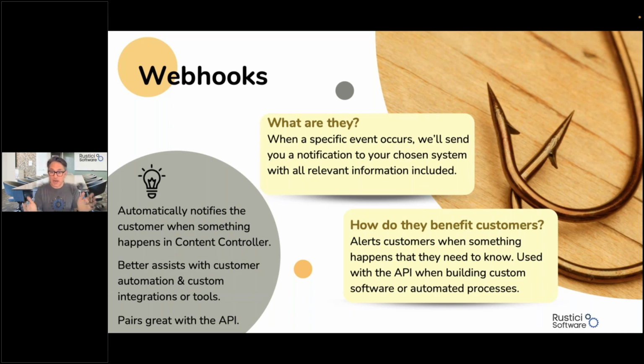You can subscribe to webhooks. Obviously, you would provide us with an endpoint that we could post those messages or notifications to, based on certain things that you're interested in understanding through that non-Content Controller application that's leveraging that information.